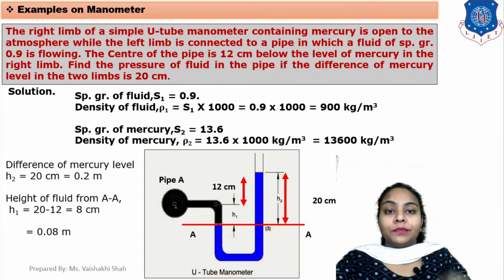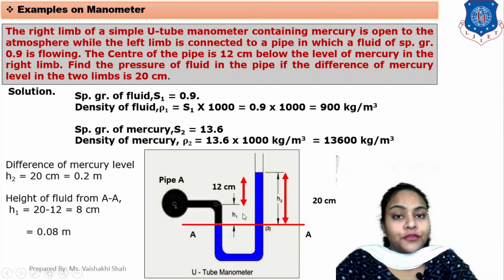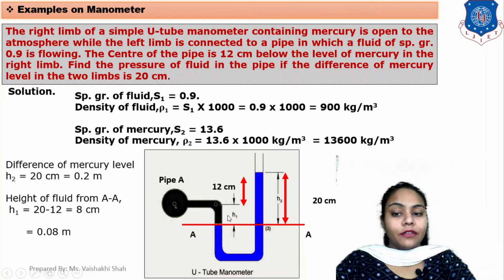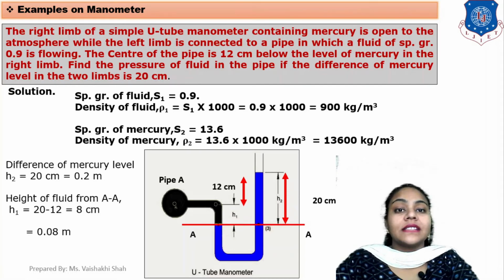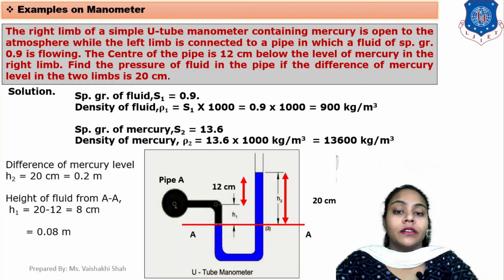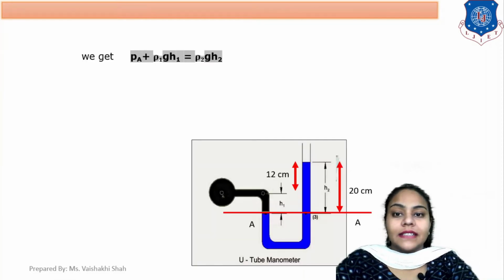Now as per the diagram, to find this height H1, H1 equals 20 minus 12, which is 8 centimeter, that is 0.08 meter.